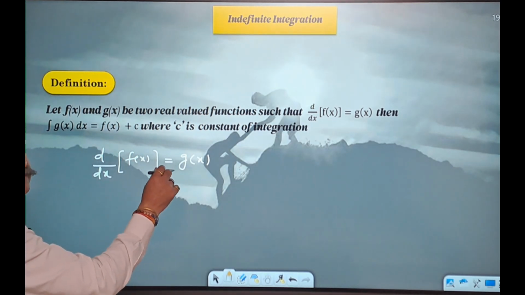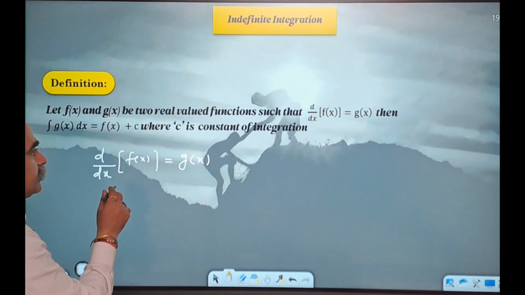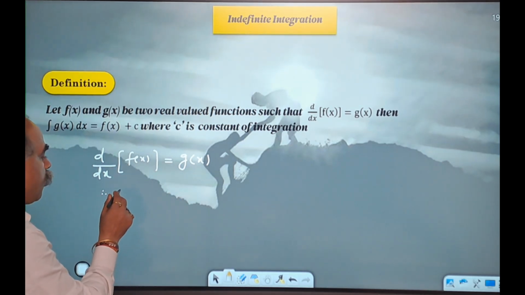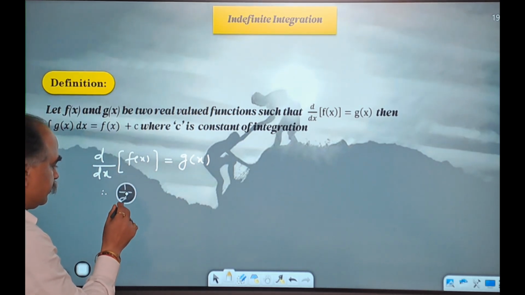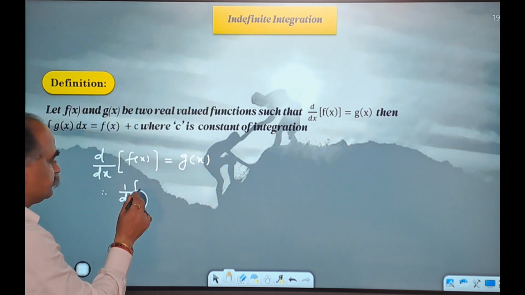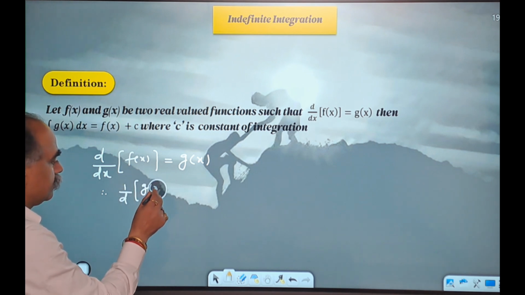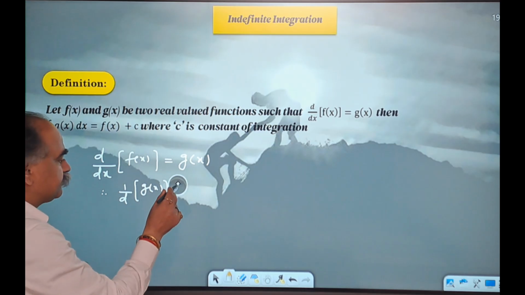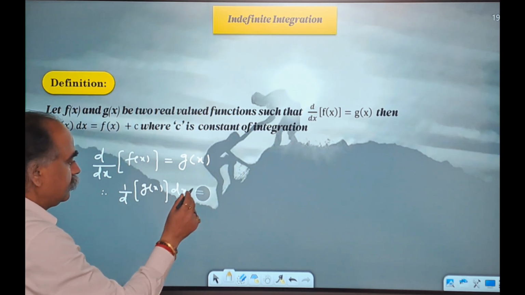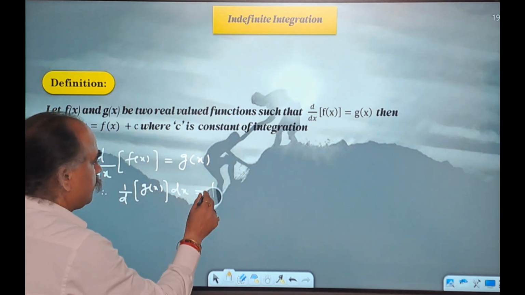This d will transfer to that side and become 1 upon d, so 1 upon d of g(x) with respect to x is f(x).